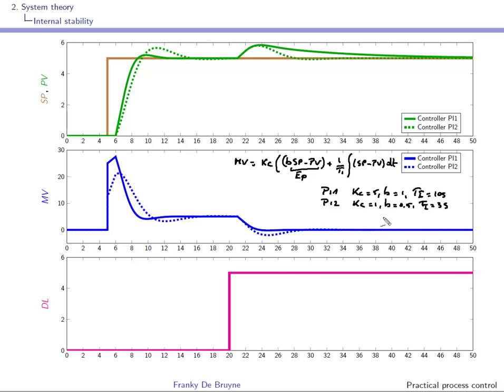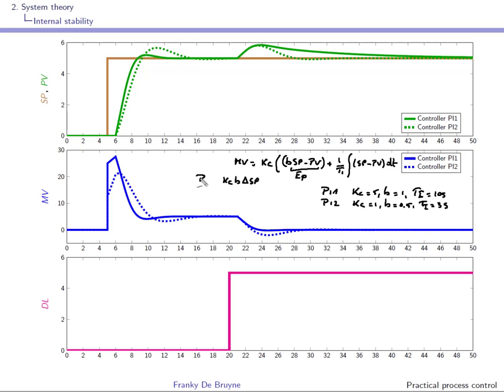You can see this effect of B here when the set point is changing, and this is what is called the P kick. This will of course be reviewed later on in the course, so maybe at some stage you'll have to come back to this example, but you can see here that when there's the set point change, there will be a P kick, and this P kick will be KC times B times the delta set point.